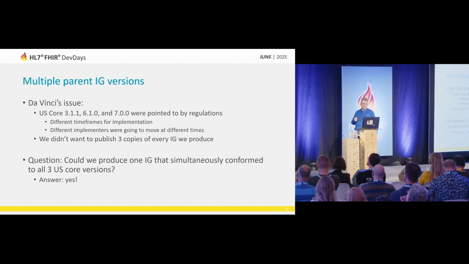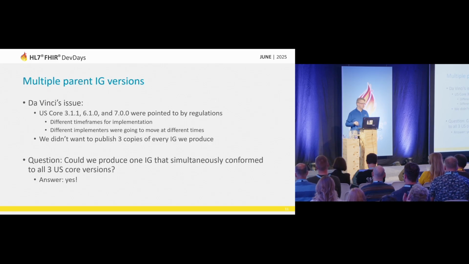So now let's talk about implementation guides. This is what caused me to have to worry about versions for real, because R6 was sort of a theoretical thing, but in the US with Da Vinci, we base our implementation guides on US Core because they are all focused on US FHIR requirements.